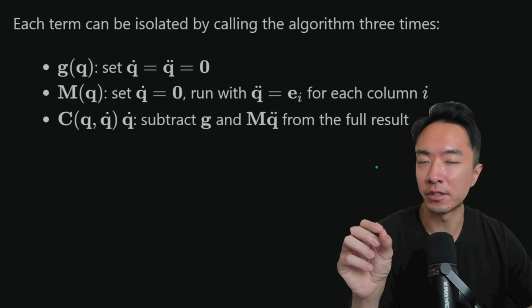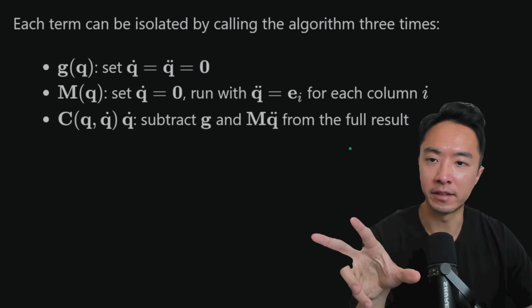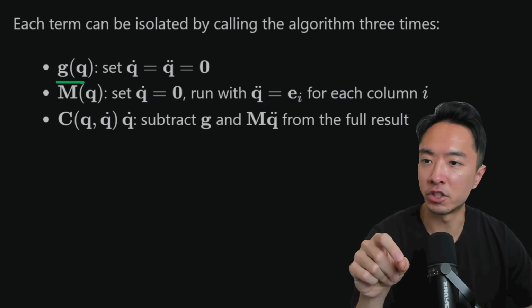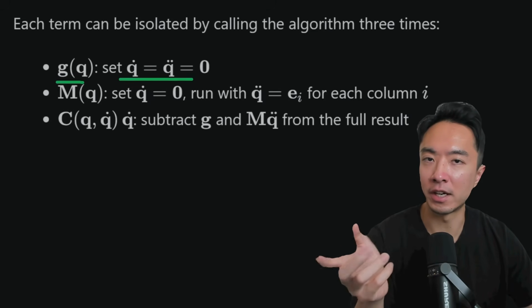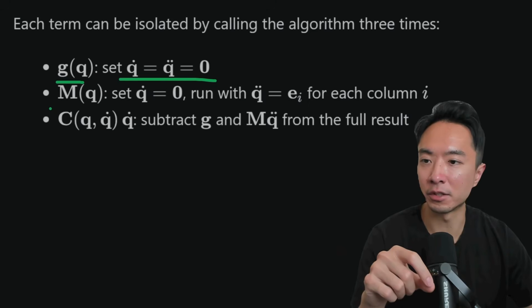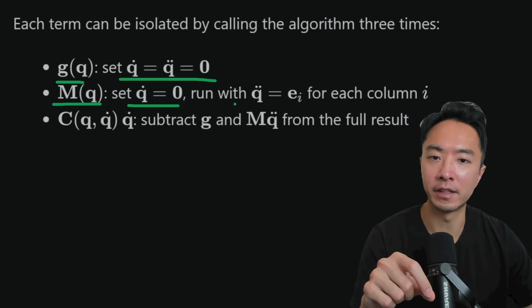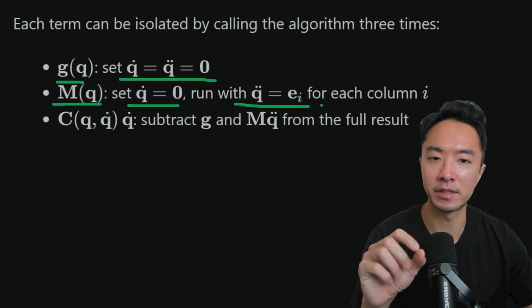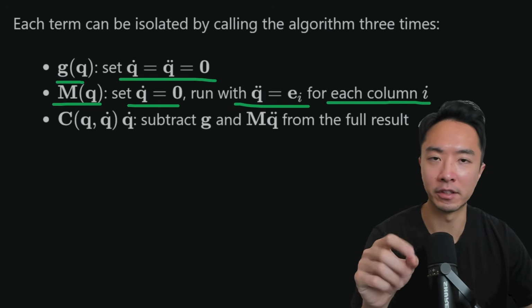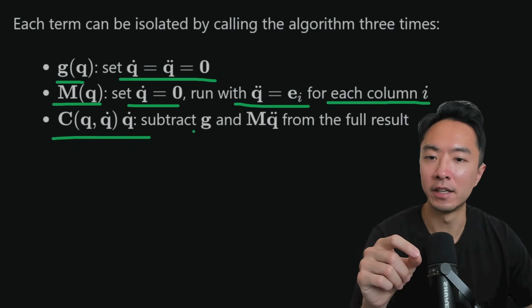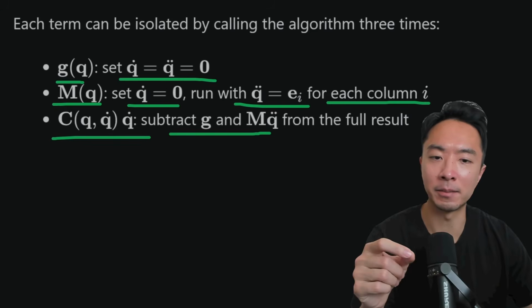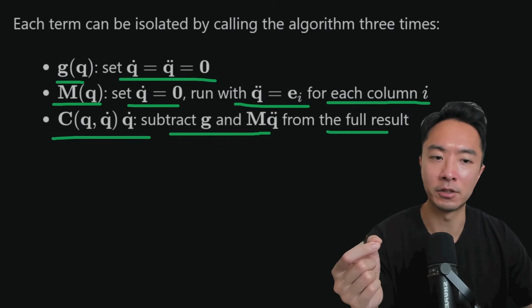And there's a couple of tricks too in terms of how to isolate these matrices. To get G, you could set q dot and q double dot to be 0. To get M, you could set q dot equal to 0 and then set q double dot equal to e_i for each of the columns. And then for C, you could subtract G and M q double dot to get the final result.